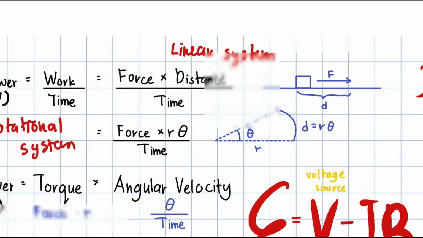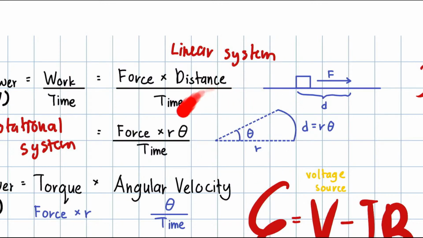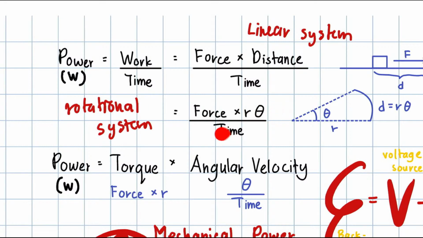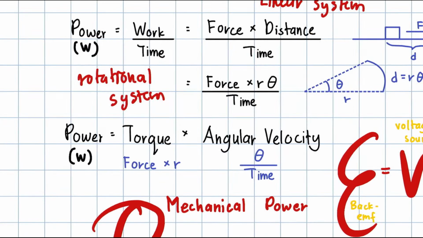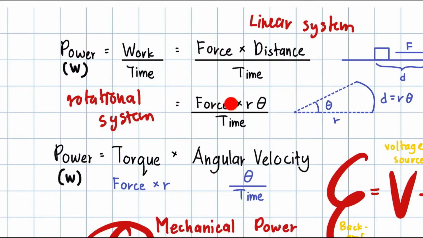For a rotational system, you have force, you have a circle, you are rotating, and the distance is denoted as r times theta. Make sure you use radians. Okay, so force times r theta over time, because the distance is r theta, equals the power.